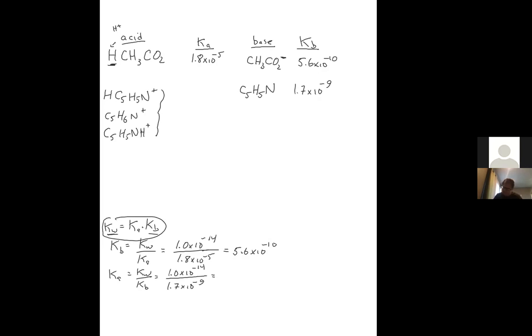So 1 times 10 to the minus 14 divided by 1.7 times 10 to the minus 9. And it looks like it's about 5.9 times 10 to the minus 6. Okay, there's our second one.